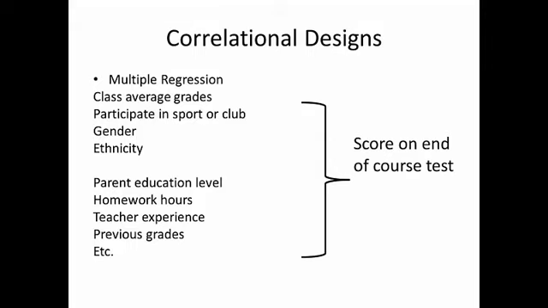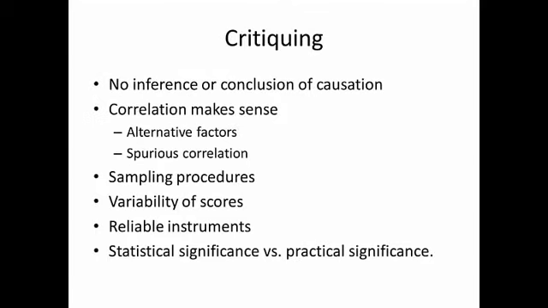We take a whole bunch of predictors and we try to predict or see what the relationship is, or the weight each has on the score at the end of a test or something like that. So we try to say that these four contribute this much information and these contribute the other 74%. And you'll see this a lot in research.